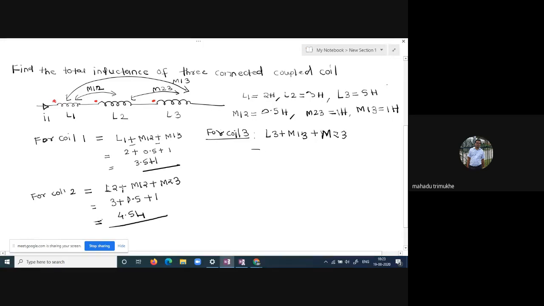So now what is the equivalent inductance for coil 3? Tell me. 5 plus 1 plus 1, that is 7 Henry.